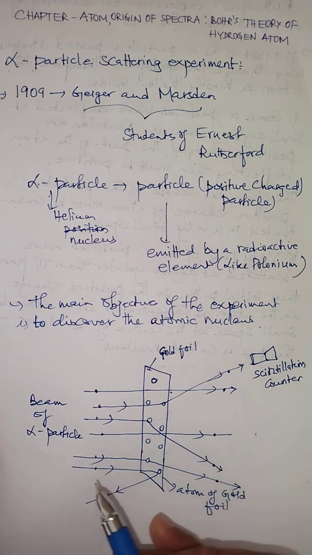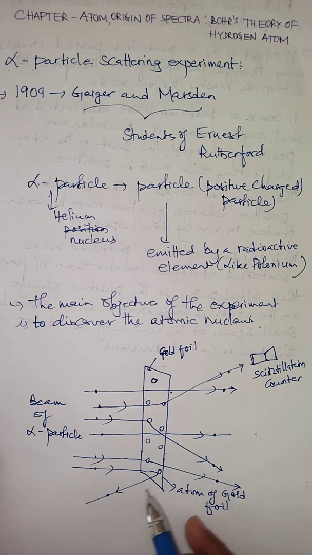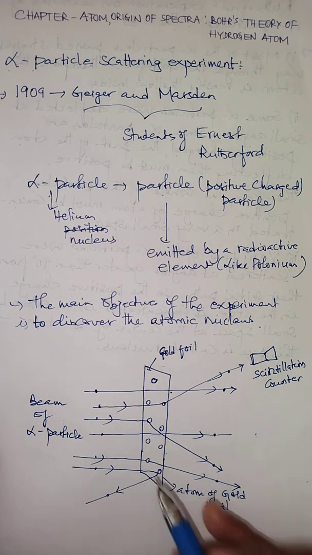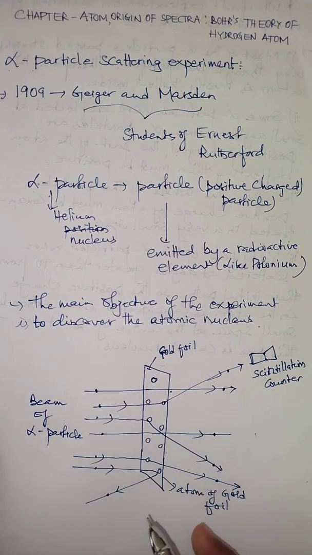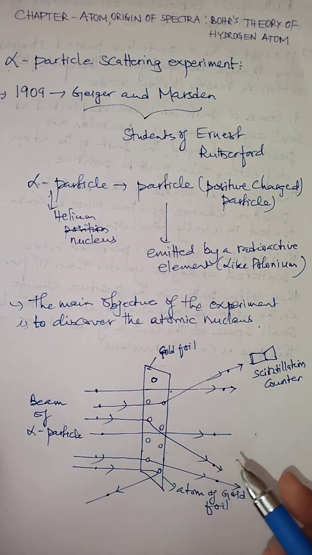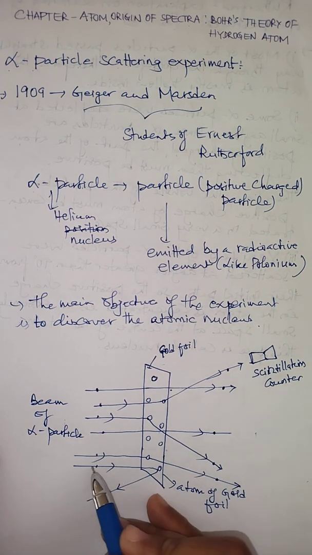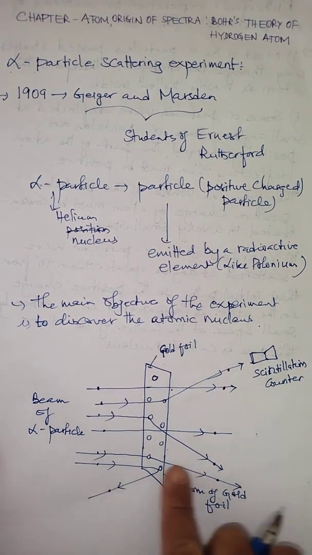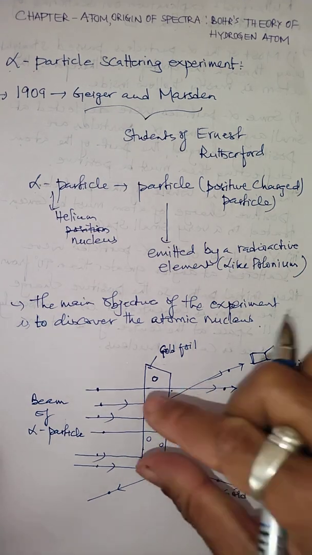Because when an alpha particle returns or reflects back with an angle greater than 90 degrees, it means that the alpha particle almost reached what? The central part of the atom of gold foil, and experienced a very strong repulsive force. Because alpha particles are positive charge particles moving with very high speed.